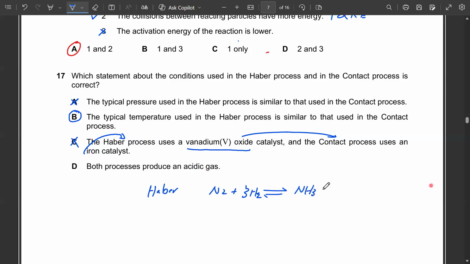For the contact process, we do get an acidic gas because it forms sulfur trioxide, which is an oxide of a non-metal. So this is an acidic gas. Ammonia is the basic gas. So D is incorrect.